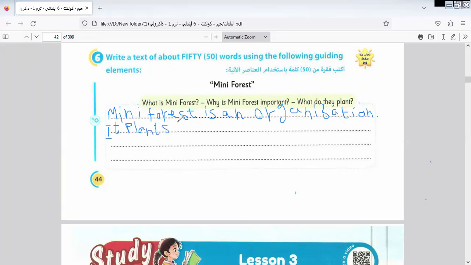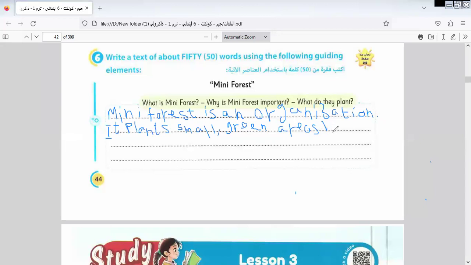It plants small green areas. Areas help people enjoy nature. It will be organization.